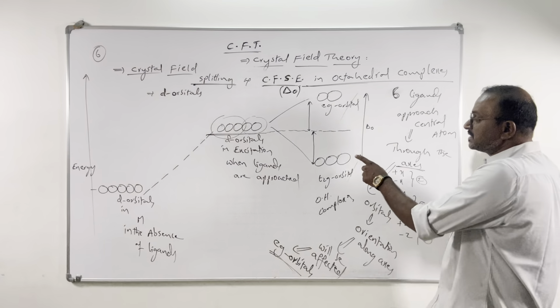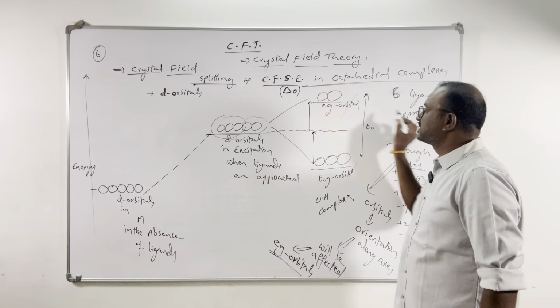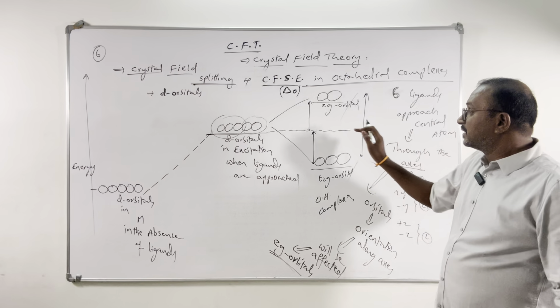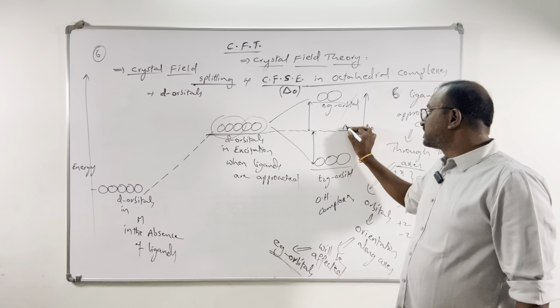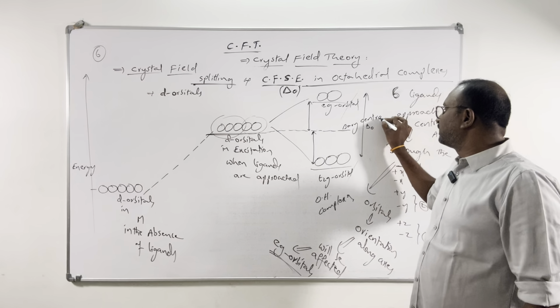The energy difference between T2g and Eg is delta O, and this level we call the barycenter.